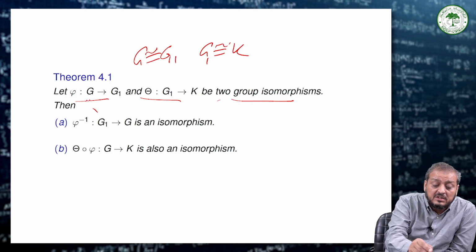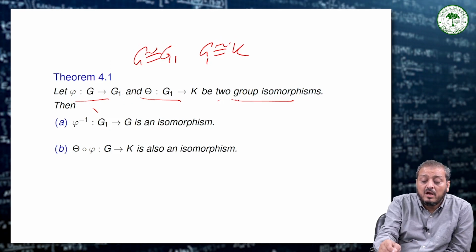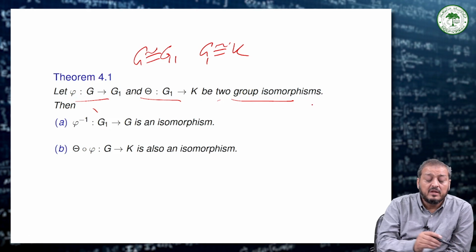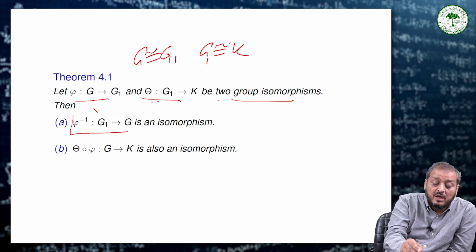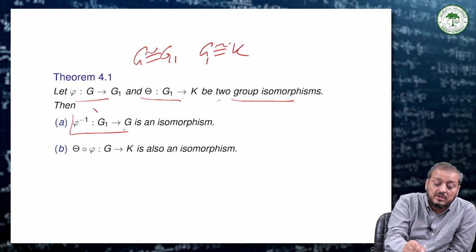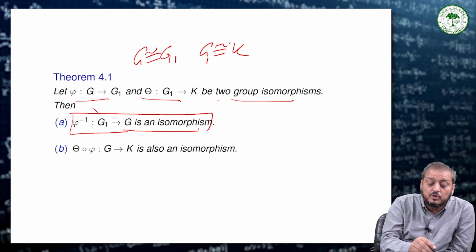Now, if these are two group isomorphisms, then we say that phi inverse from G1 to G is an isomorphism.